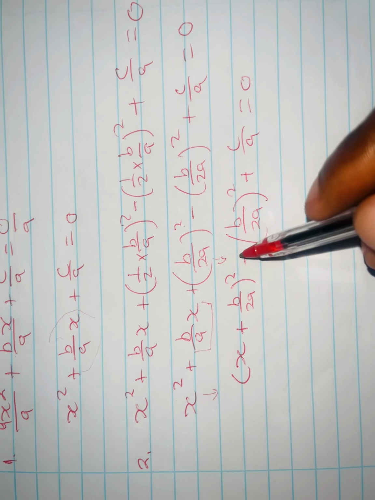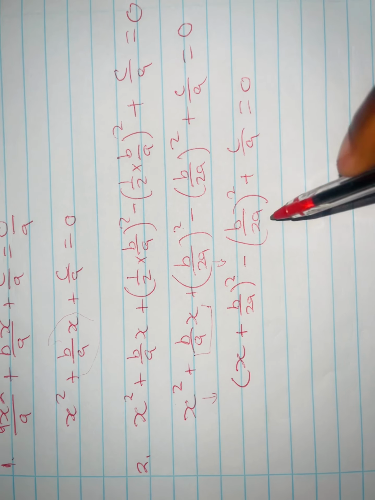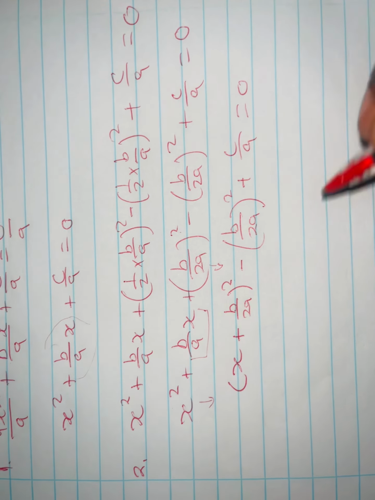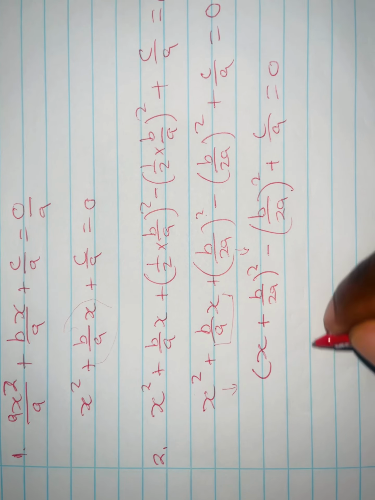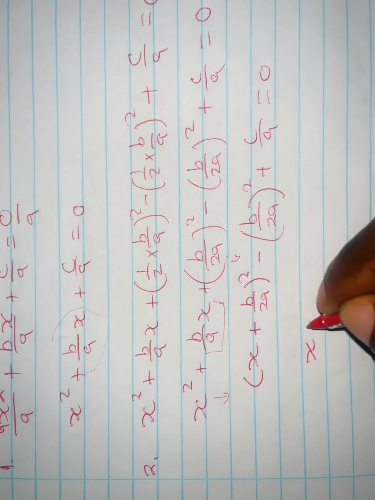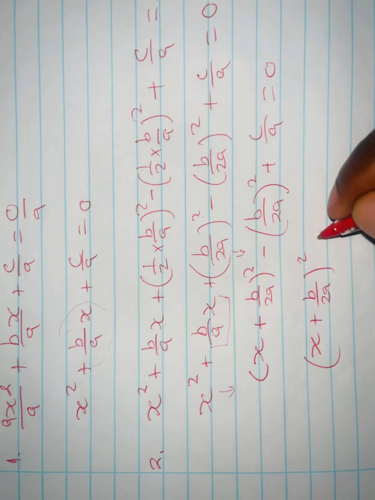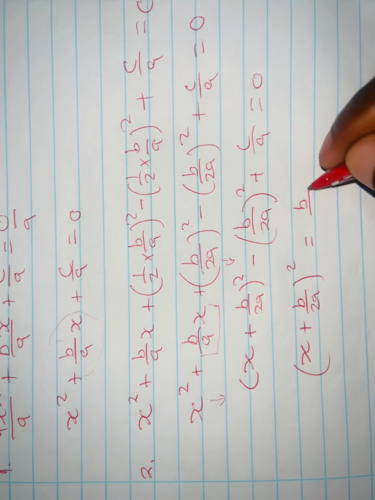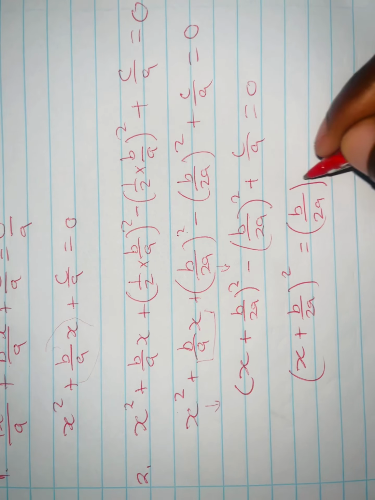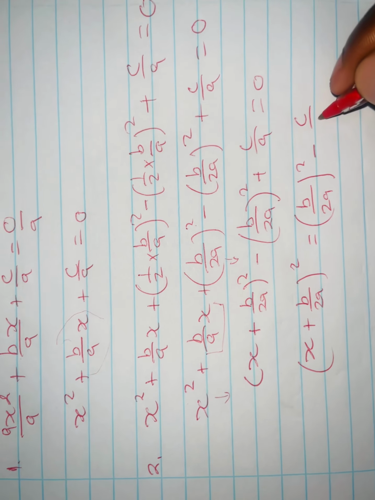Now we transpose this to the other side, so you're going to have x plus b over 2a all squared equating to b over 2a all squared minus c over a.